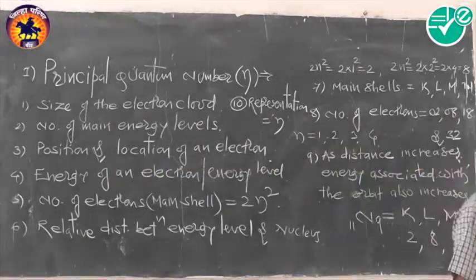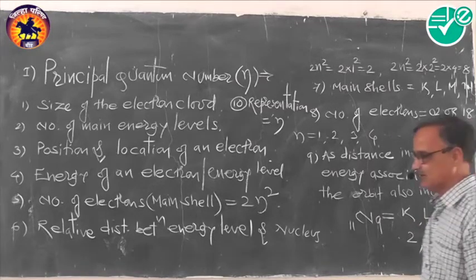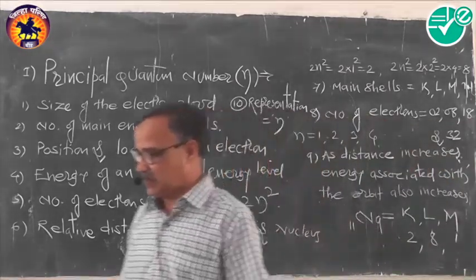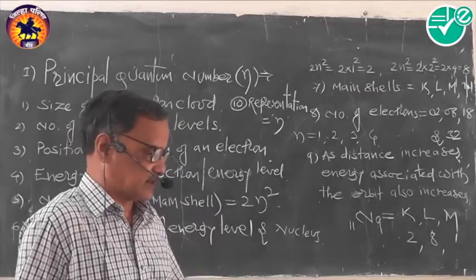The last point is that initially we represent this quantum number by a small letter n. The principal quantum number is denoted by a small letter n. And the final point is that at the center there is a nucleus.